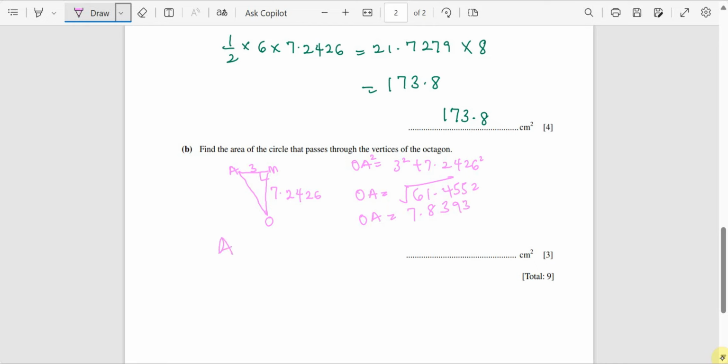So the area of the circle is pi r squared. That's going to give us pi times 7.8393 squared. So multiply that, and we have 193.0673, and that's approximately 193 centimeters squared.